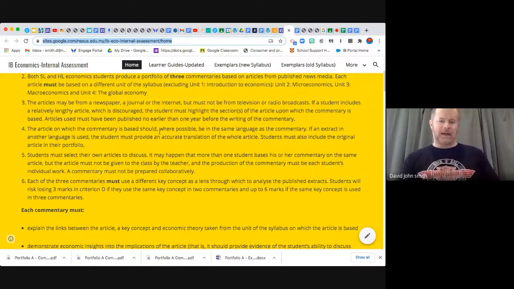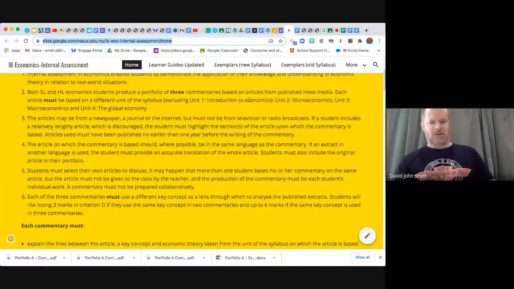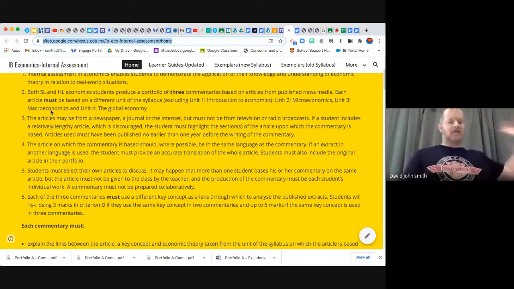And here's one of the kickers: it can't be older than a year. Depending when you write it, obviously you're going to be writing 3. So the one that you're doing now can't be older than a year from when you write it now. And then when we get to macroeconomics, going into end of the year, start of next year, at that point you are going to be thinking about a year from there.